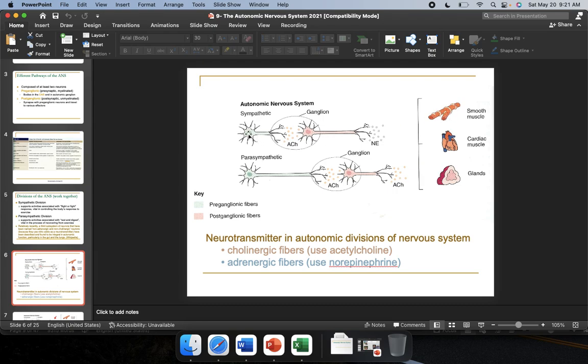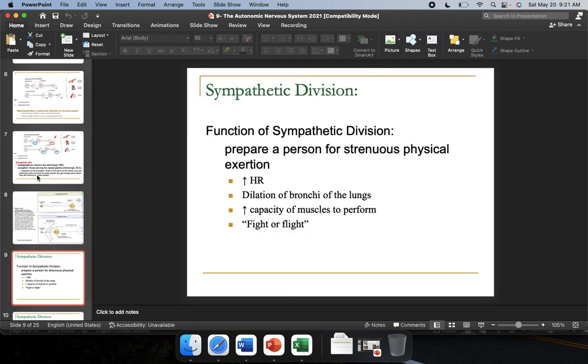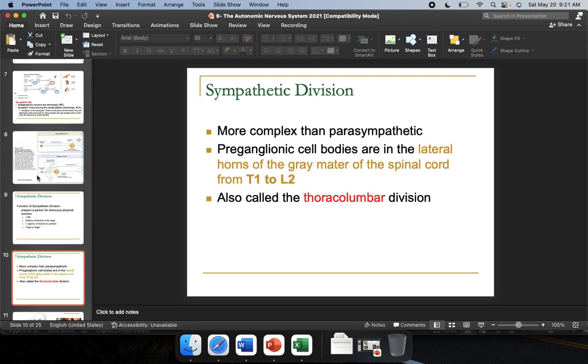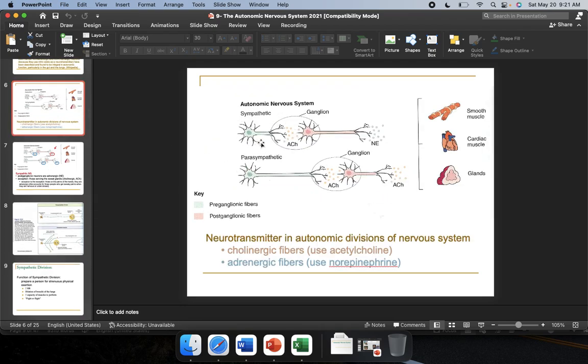That sympathetic nervous system is going to originate here. Let's see if we can pull it up. The thoracolumbar division. This is going to be T1 to L2. The thoracolumbar division of the sympathetic nervous system is going to have a relatively short preganglionic nerve fiber, with acetylcholine synapsing on a postganglionic nerve fiber, which is going to be long.